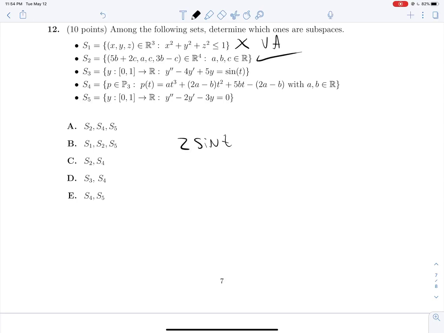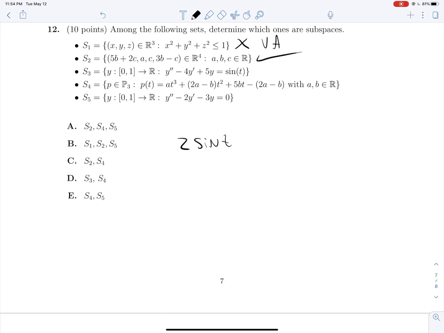What's wrong with that? Well, if we choose 2 members of this set and we add them together, we should expect to get another entry of the set. But the problem is that every single member of this set will have 2 sine t in it, if that is part of the particular solution.